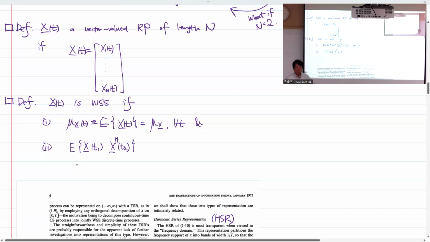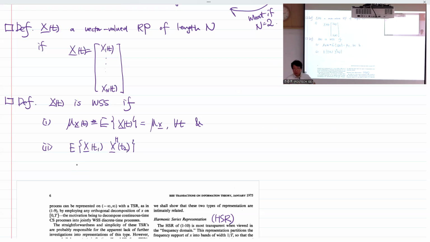The outer product of x of t1 vector and x of t2 vector, assuming these are complex valued random processes. If you want to define the same definition for real valued entries, then just replace this superscript H with ordinary transposition.